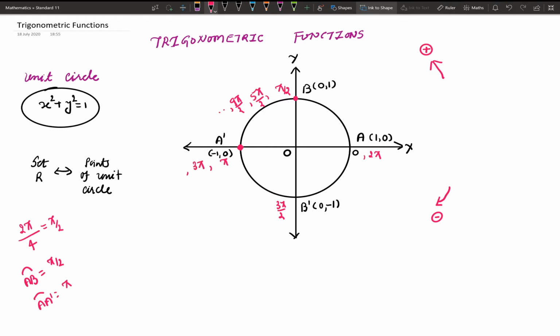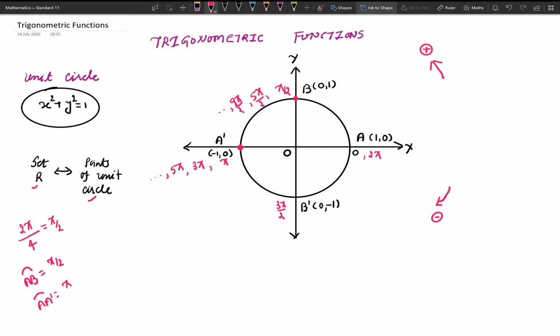Similarly, if you complete second round, then 3 pi plus 2 pi, 5 pi, etc. So real numbers pi, 3 pi, 5 pi, etc. have corresponding point of unit circle A prime, minus 1, 0.